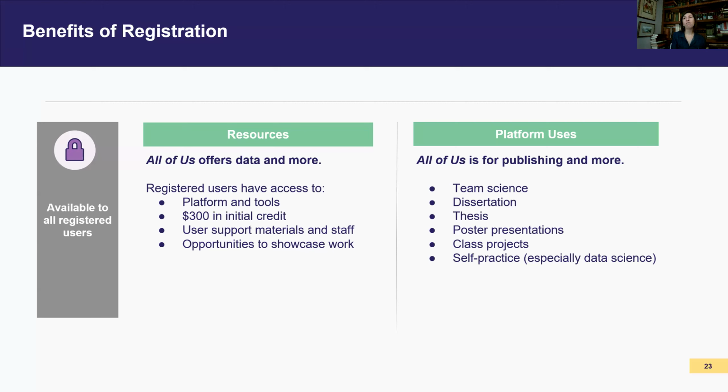We also have support materials and staff, as I mentioned, virtual office hours, a really robust public knowledge base of materials about our protocol and our data. And there's also opportunities throughout the program to showcase your work.